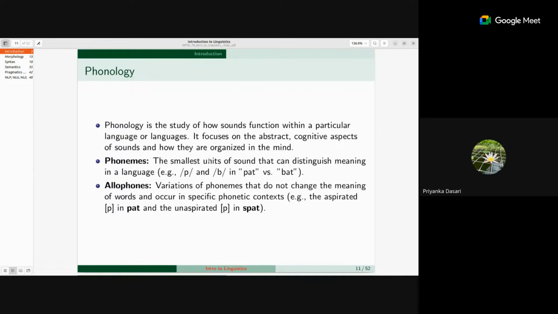Since the aspirated property is added, we consider the p in pat and the p in spat as two different allophones. These are variations of phonemes that do not change the meaning of words and occur in specific phonetic contexts. So depending on the phonetic context, these allophones are analyzed.